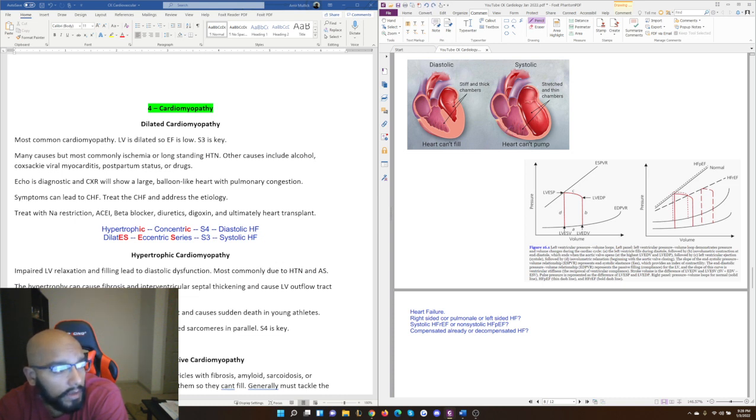In fact, since they're all laid out in such an interesting manner, they kind of get pulled apart more easily. So the heart is actually expanding, it's becoming much bigger, and you get this dilated cardiomyopathy, where your muscle fibers are all laid out in series, so it's an eccentric layout. You get an S3 heart sound in them, and that's indicative of systolic heart failure.